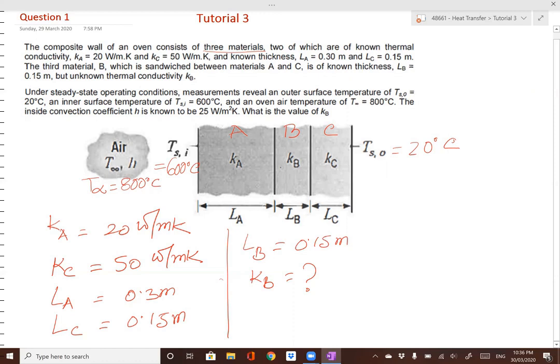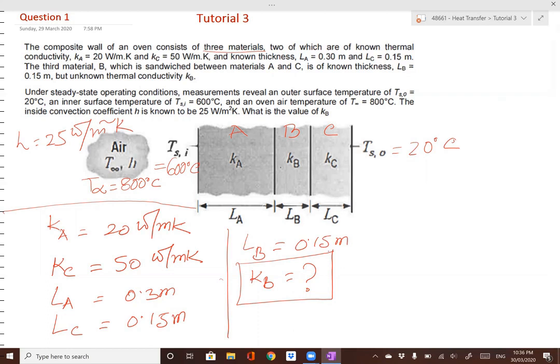Also the inner convection heat transfer coefficient given is 25 watt per meter square Kelvin. Now what is the value of Kb? We'll find out the material B thermal conductivity.